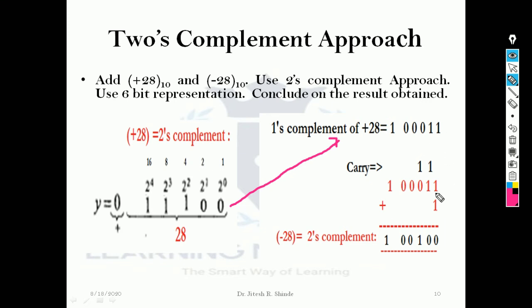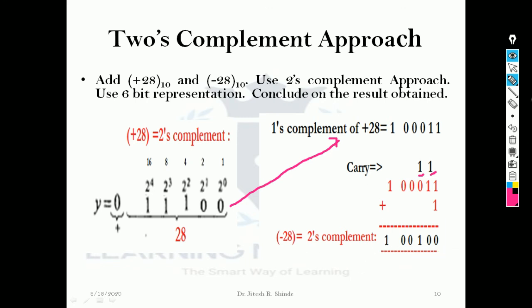So 1 plus 1 is 0, and a carry is generated. This again generates a carry. 1 plus 1 plus 0, the result here is 1, then 0 0 1. Thus the minus 28 representation using the 2's complement approach is 1 0 0 1 0 0.